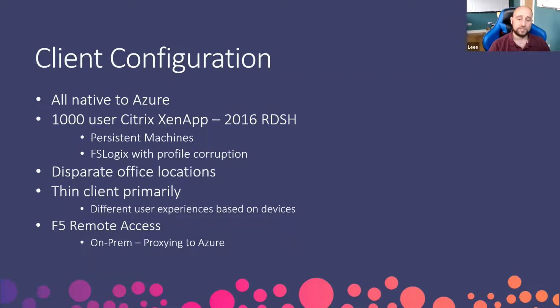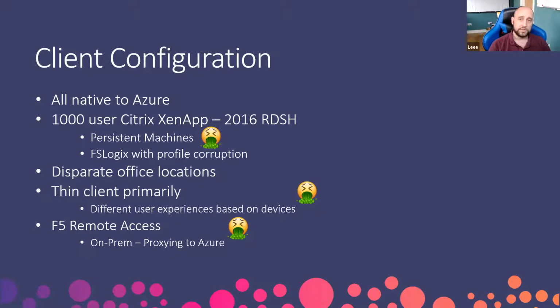They've got persistent machines in Azure, they've got FSLogix with profile corruption, lots of different office locations spread out across the country in the UK, and thin client primarily. Different user experiences based on different devices. And then they've got an F5 physical appliance sitting on-prem, proxying the ICA traffic up to Azure.